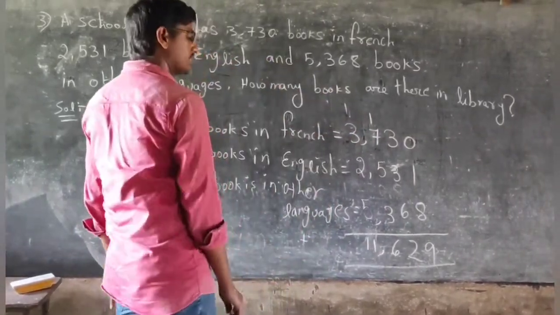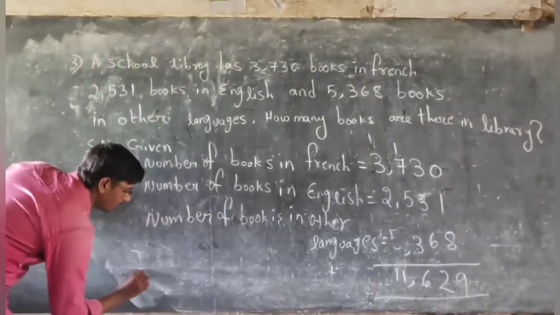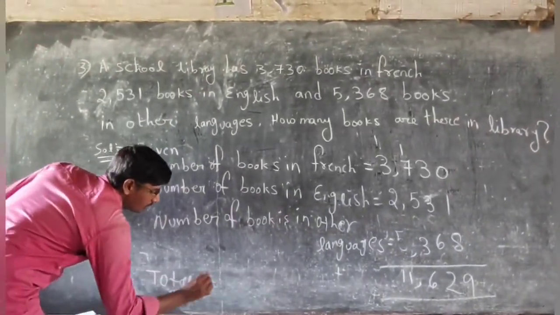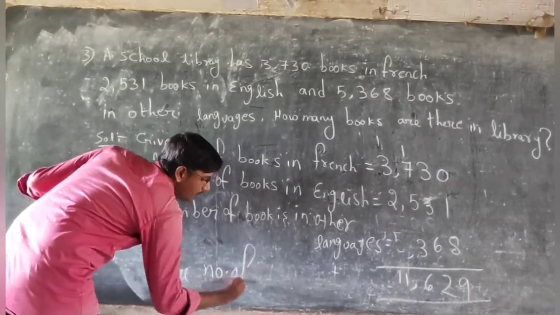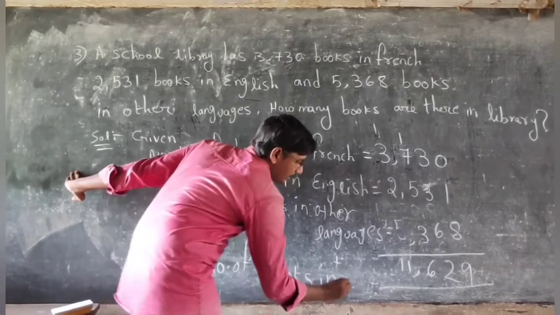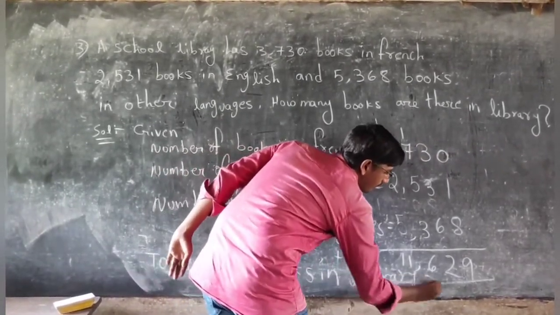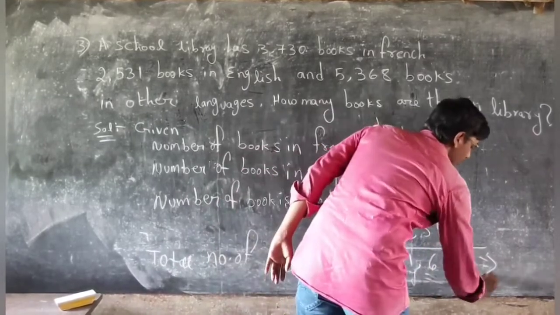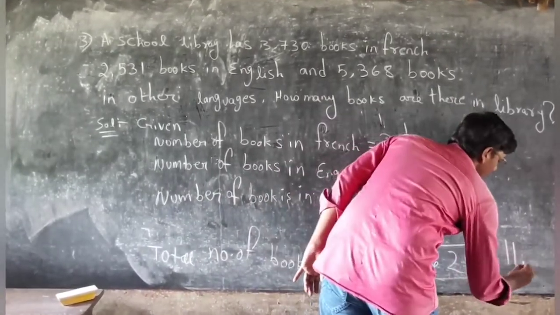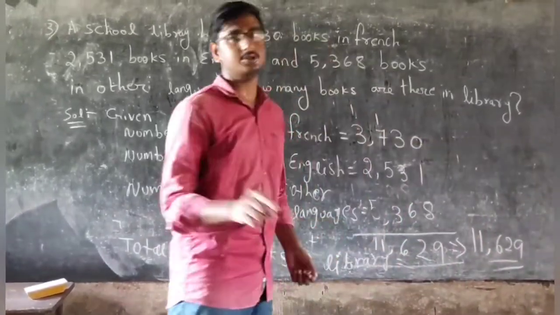So 11,629. Total number of books in the library is equal to 11,629. Okay, pause this.